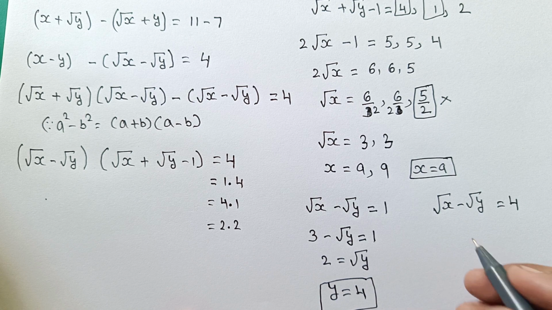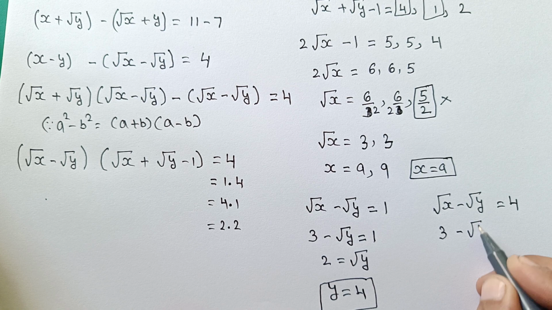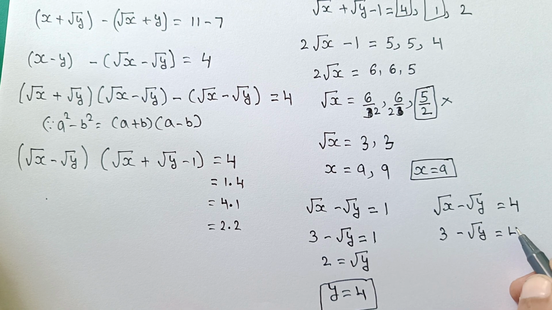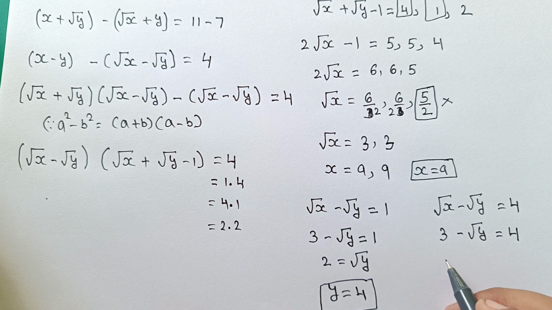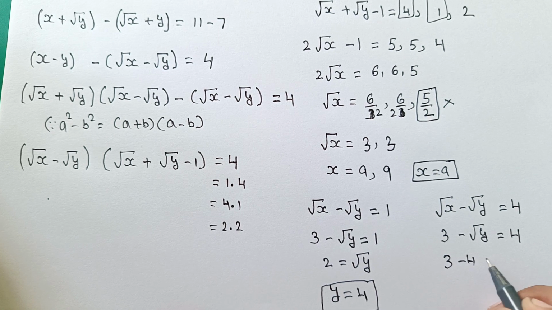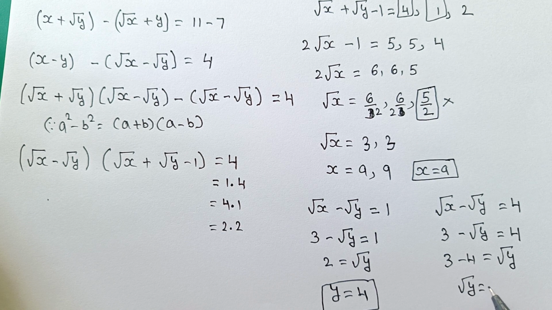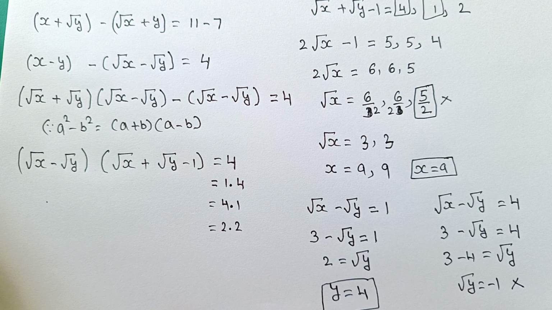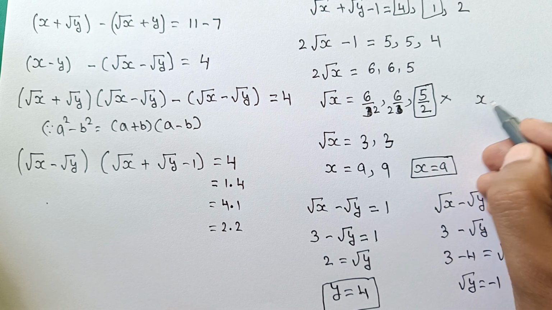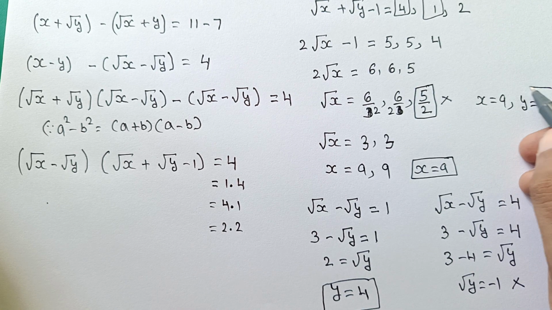And when we solve the other equation, 3 minus root y is equal to 4, 3 minus 4 comes out to be root y, and root y comes out to be minus 1, and this can't be possible.